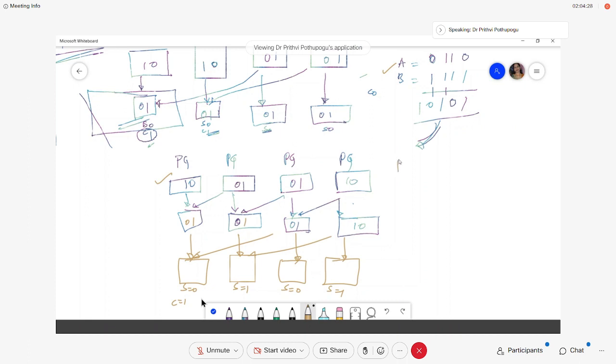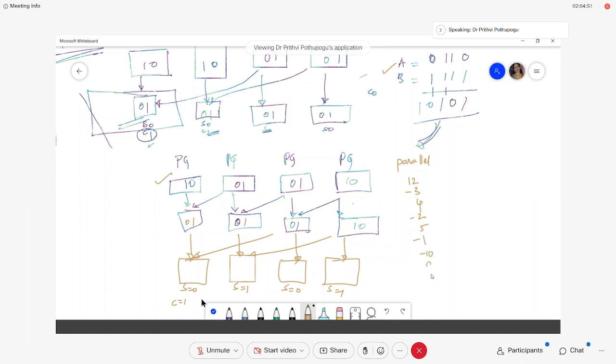Parallel prefix, one more question I gave: 12 minus 3, 4 minus 2 plus 5.